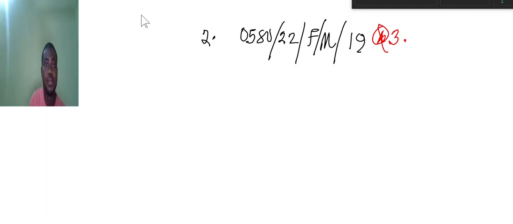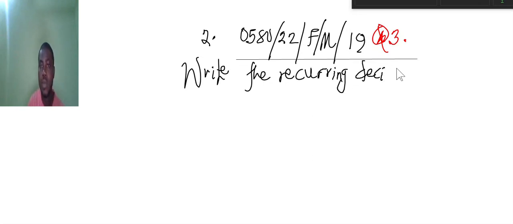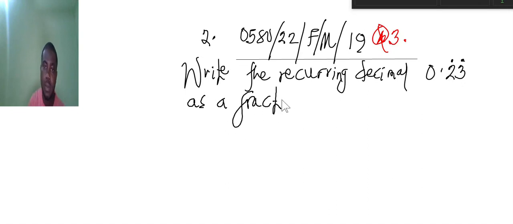Sorry about the calculator that pops up. The question says, write the recurring decimal 0.23 as a fraction. So let's have the solution.